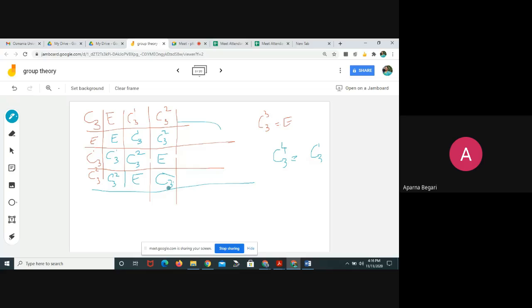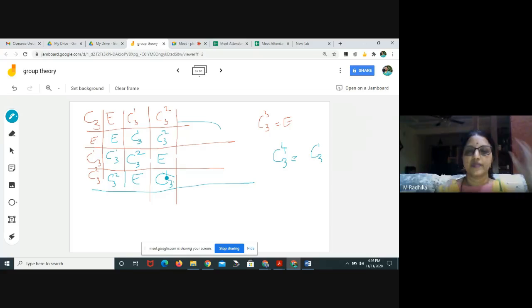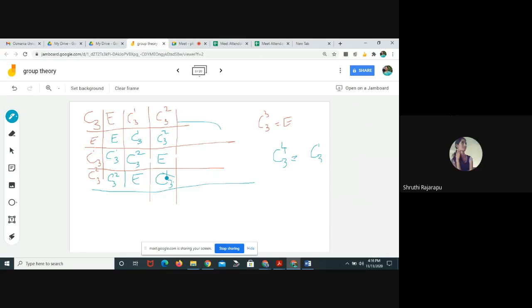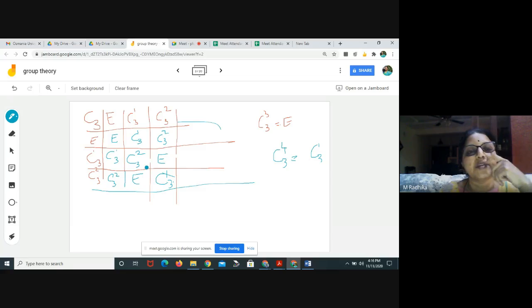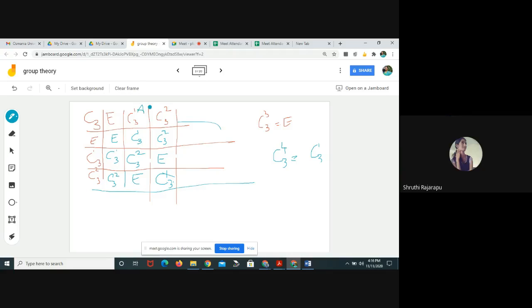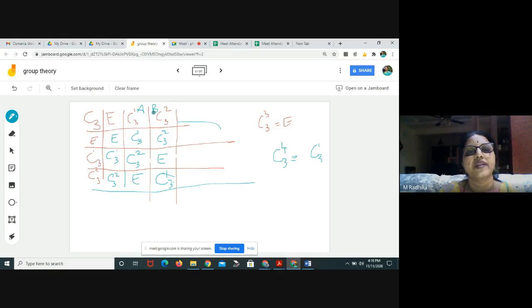So we have the group multiplication table. Did we satisfy the rule that we are not repeating? Yes. So what is the thing we have done here? If you take this as A and this as B, what did we get?